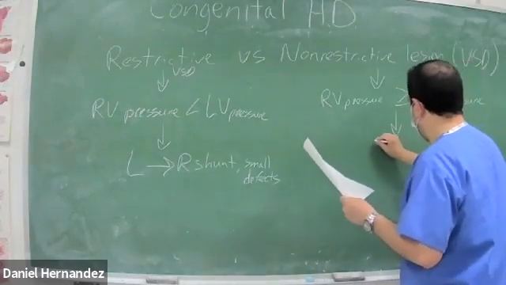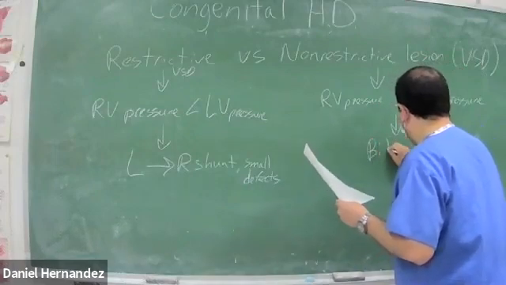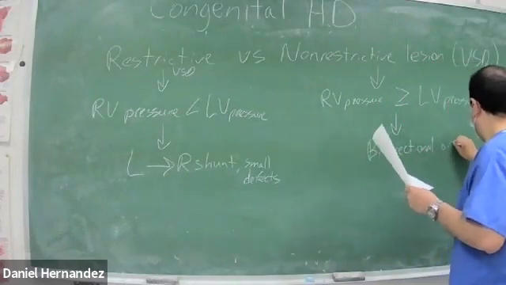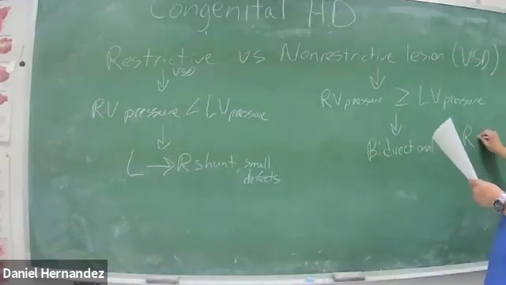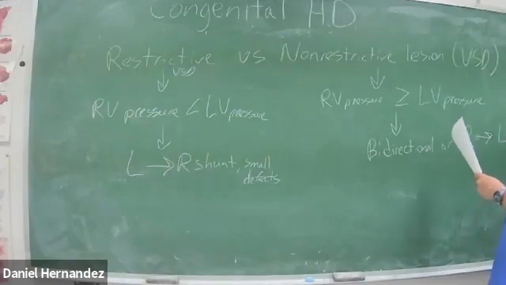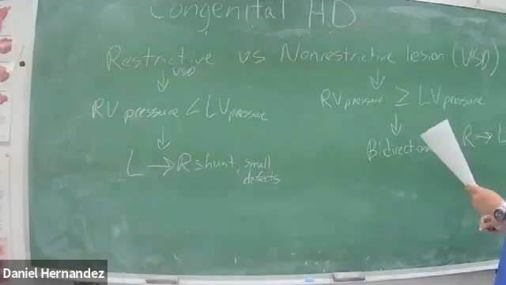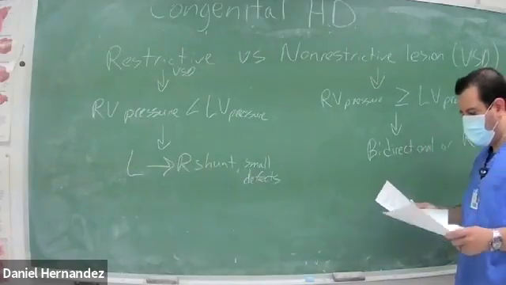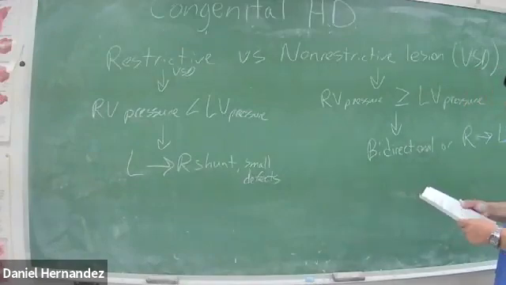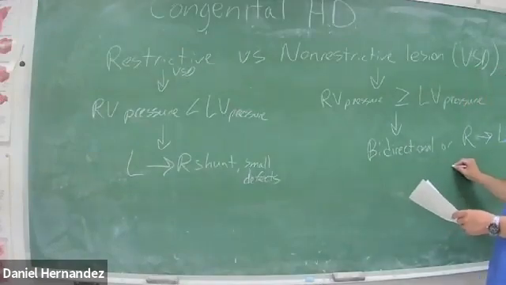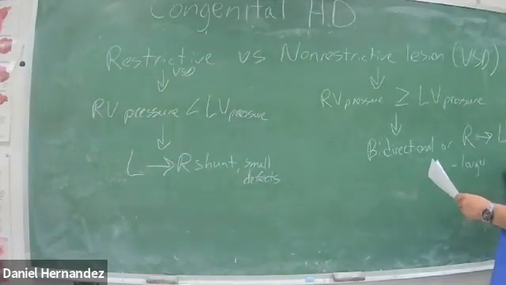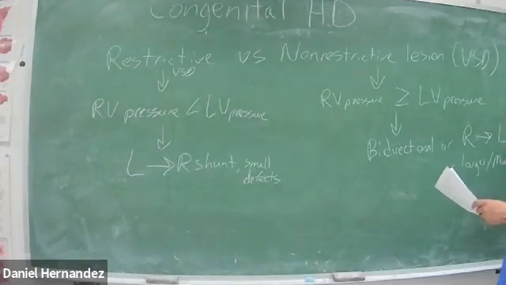And this leads to a bidirectional or right to left shunt. And these are associated with large or multiple VSDs.